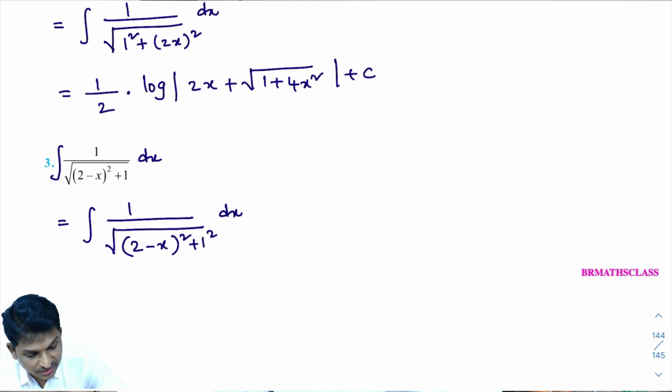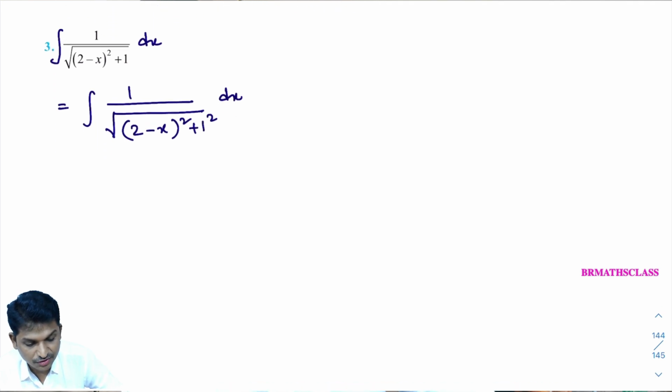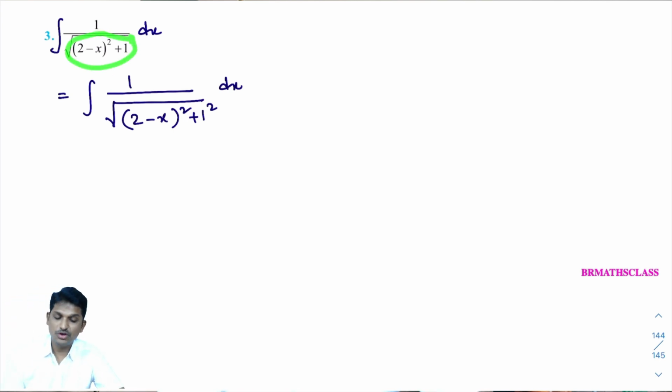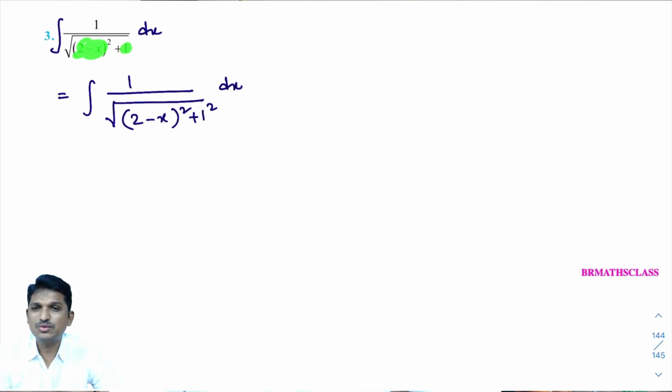This comes under which formula? Which formula is suitable for this? First, I will write that one. The integral of 1 divided by root over x square plus a square and a square plus x square, both are the same only.